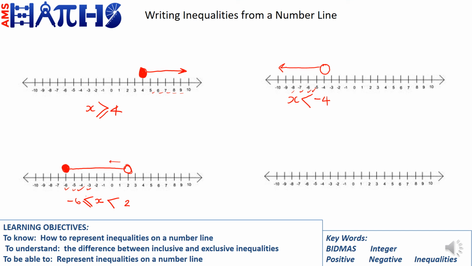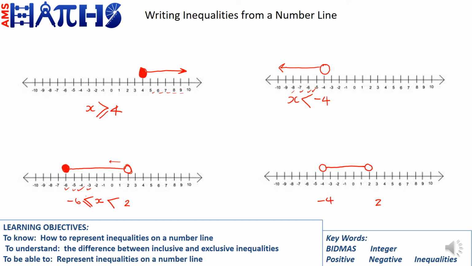Okay, and for a final example, let's say we had this here, and then our line between. So our reference is minus 4 and 2, and then we're looking at what our inequality would be.